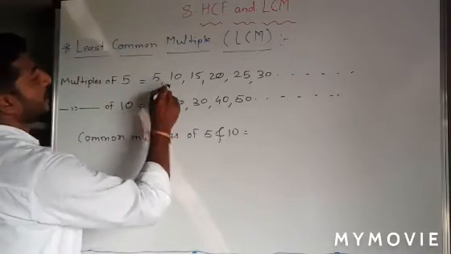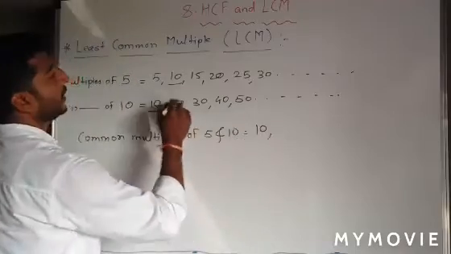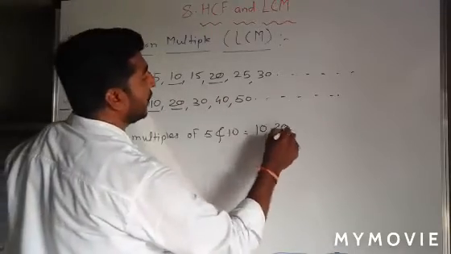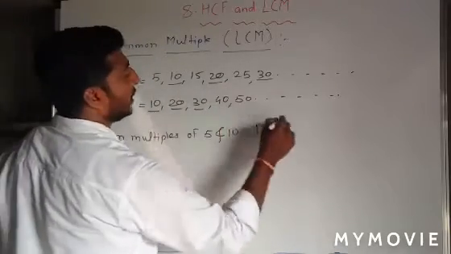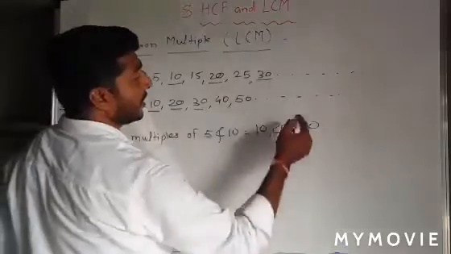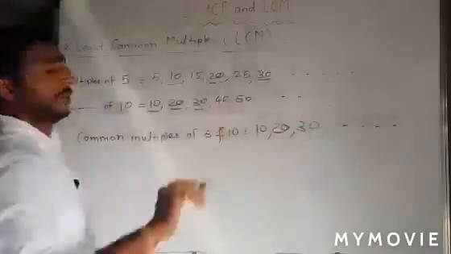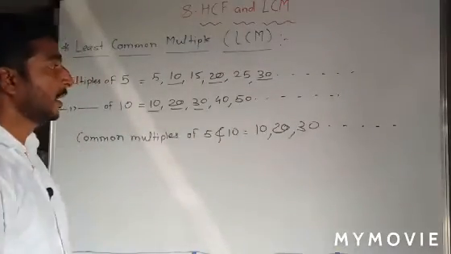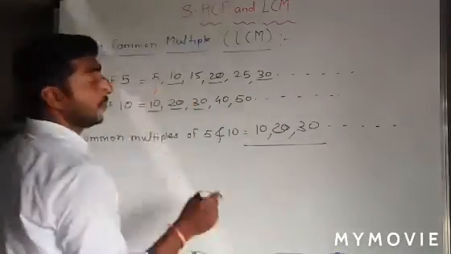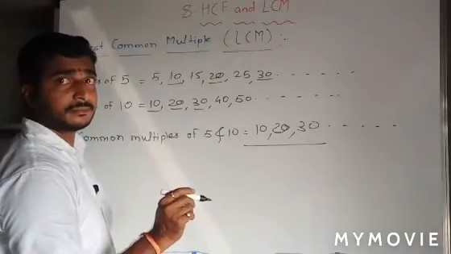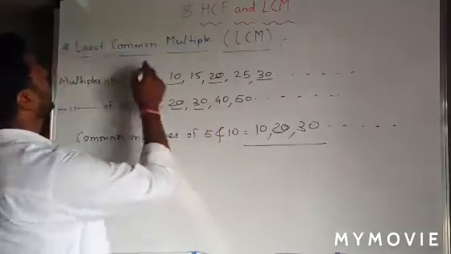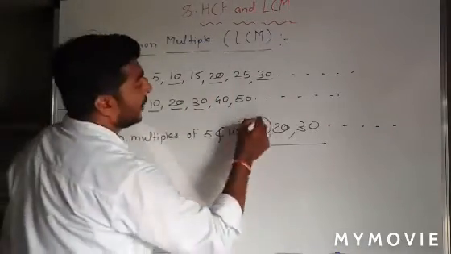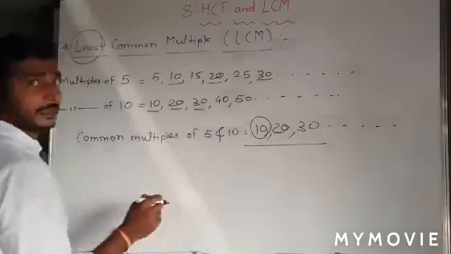So we see here 10 is common, then 20 is common, then 30 is common, and beyond this there will also be some common multiples, so we will just use dots. Now out of these common multiples, which is the smallest, or lowest, or you can say least? Least means smallest, that is 10.